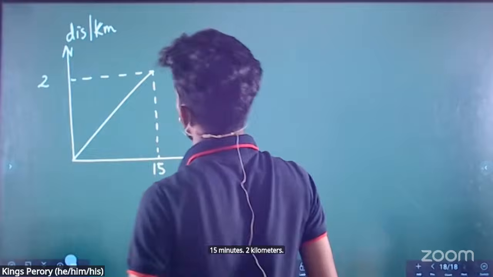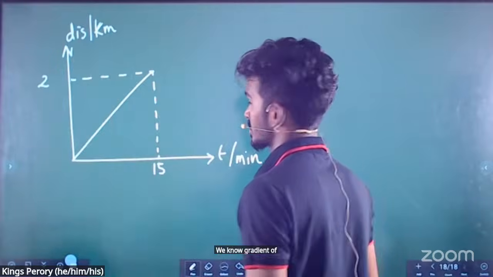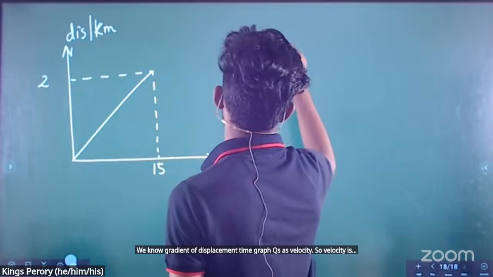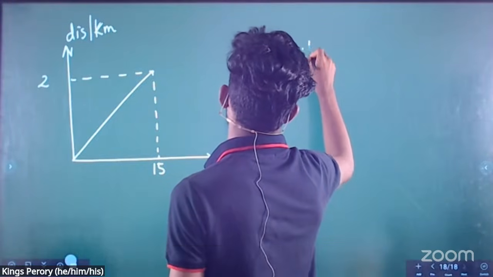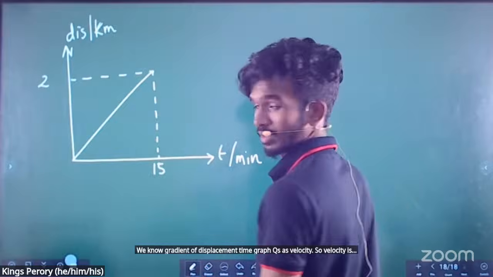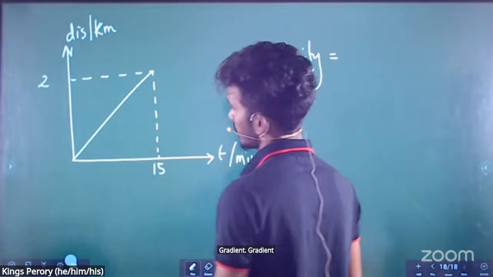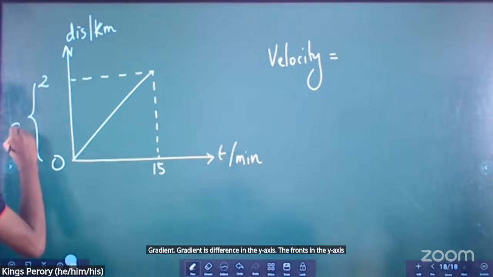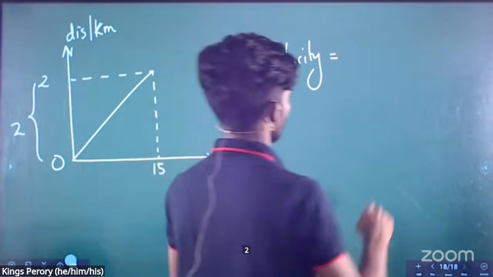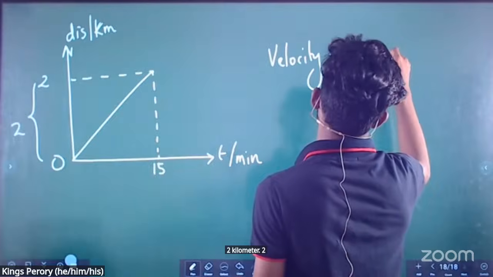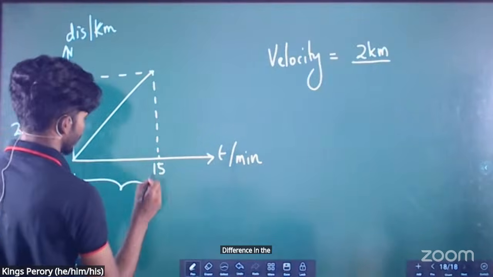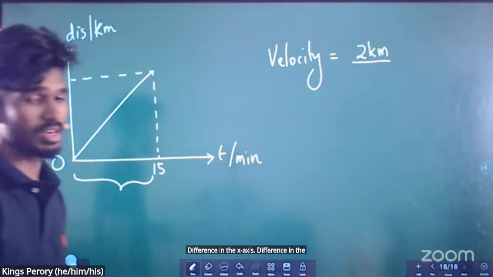We know the gradient of a displacement time graph gives us velocity. So velocity is gradient. Gradient is the difference in the y-axis, which here is 2 kilometers, divided by the difference in the x-axis, which is 15 minutes.